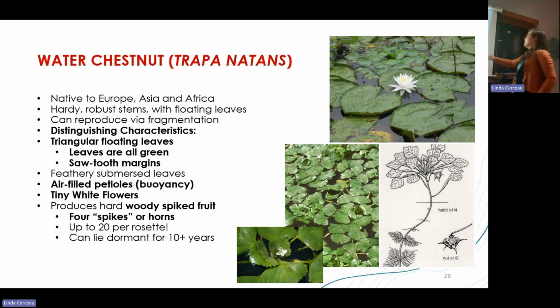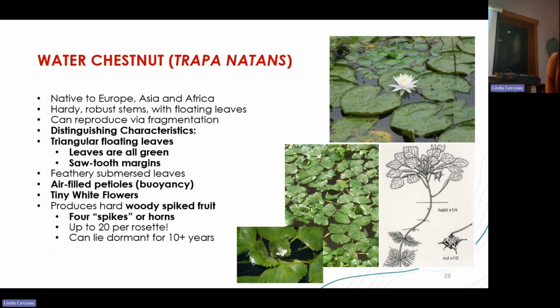And you can kind of see these nutlets or fruits that it produces. It usually produces 4 spikes on the nutlet. What happens is that will fall into the sediment, reroot, overwinter, and come back the next year. What's really also terrible about this plant is that just from one of these, it can produce up to 20 plants per rosette.